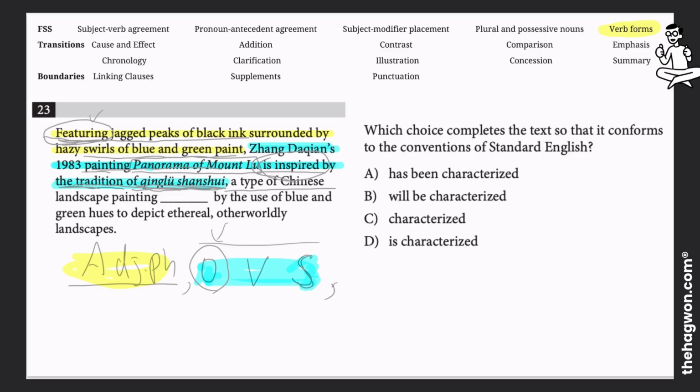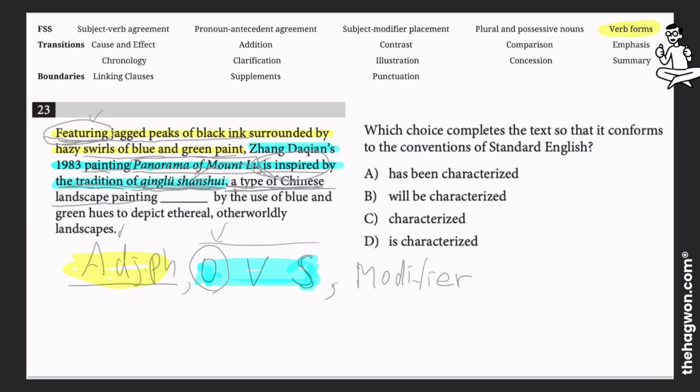this part, a type of Chinese landscape painting marked by the use of blue and green hues to depict ethereal, otherworldly landscapes. This is what we call a modifier. I'll tell you why this is a modifier, because think about what this is doing. What is a type of Chinese landscape painting? This is directly modifying our qinglü shanshui. Do you see that?